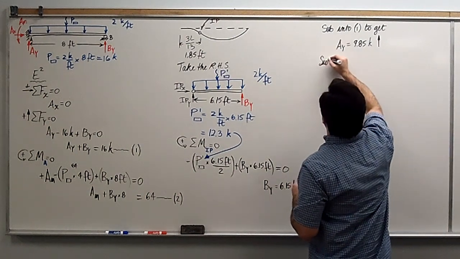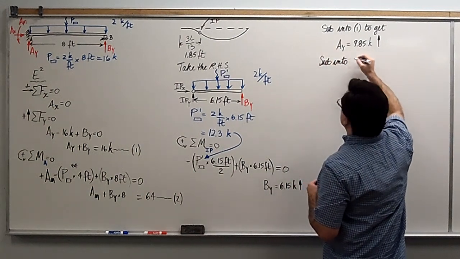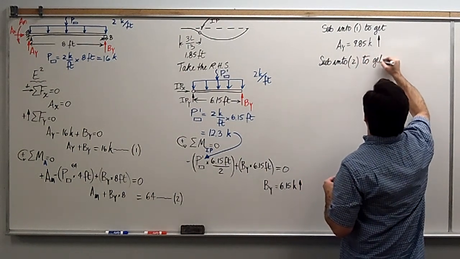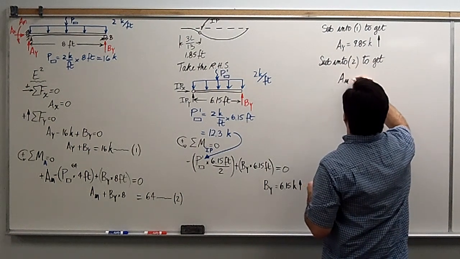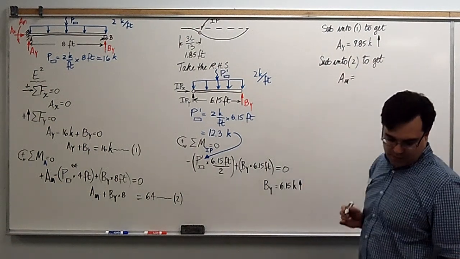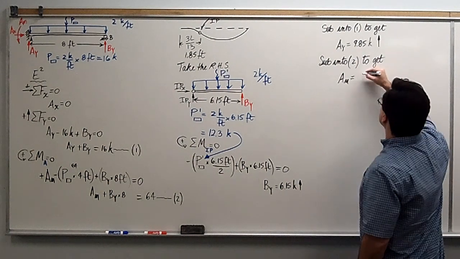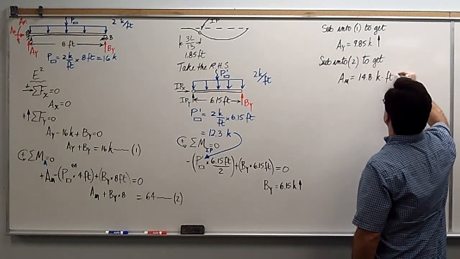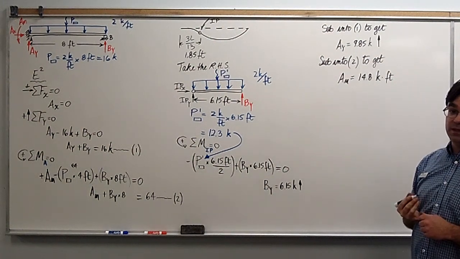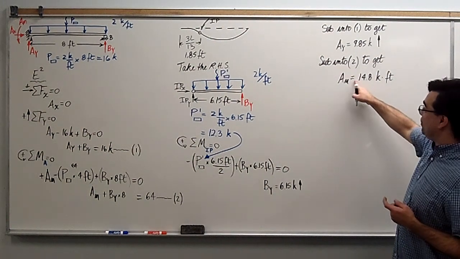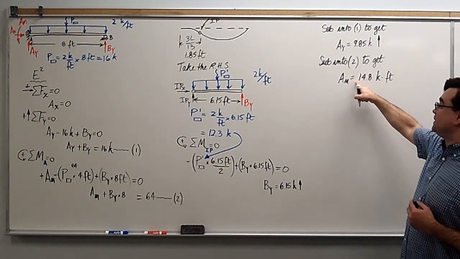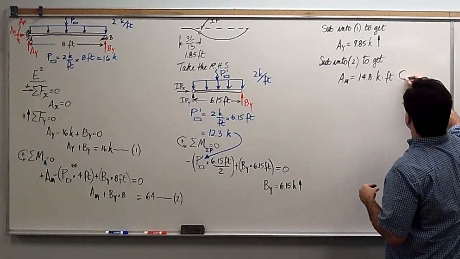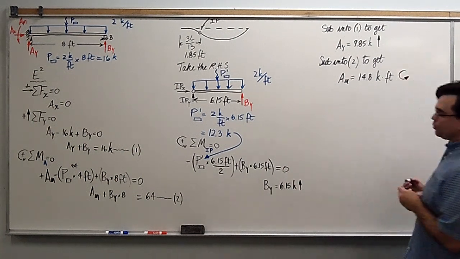And then sub into equation 2 to get that the moment is 14.8 kip feet. Because we're getting a positive answer here, it means that this moment is in the same direction I guessed in my free body diagram. Therefore, it is counterclockwise.